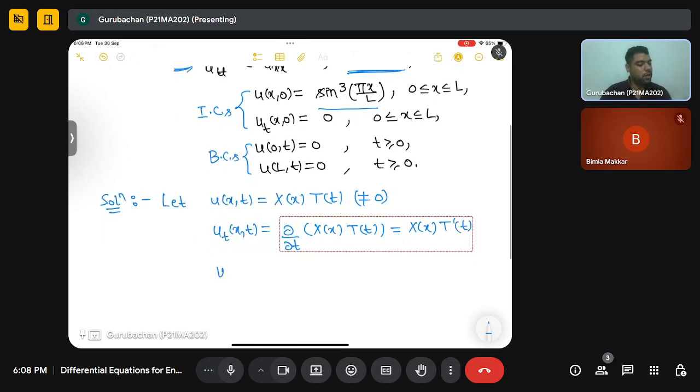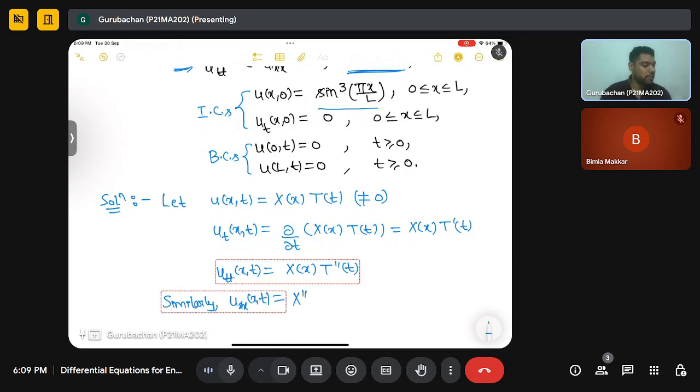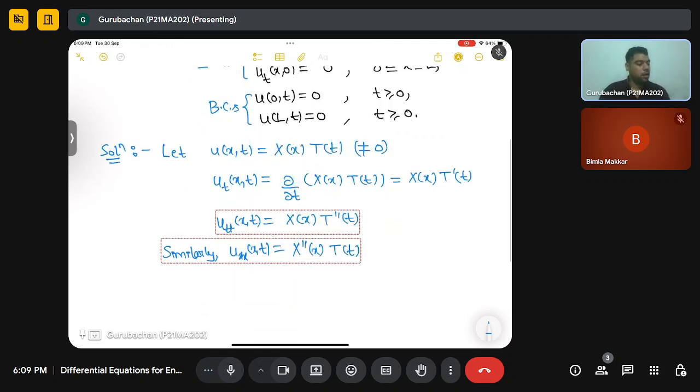In the same way, u_tt(x,t) will give X(x)T''(t), and similarly u_xx(x,t) will give X''(x)T(t). So we put these values in the given wave equation.